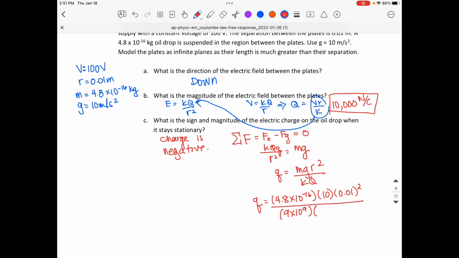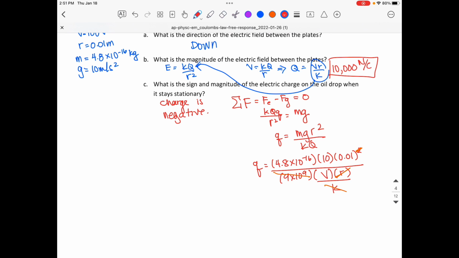I know I have number values and variables, but the K here cancels out with the K there, and the radius here cancels out with one of the radii there. I end up with q equal to 4.8 times 10 to the negative 16 times 10 for gravity, times 0.01 for the radius, over a voltage of 100.